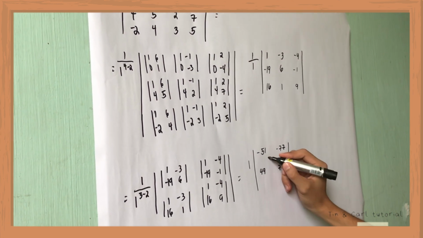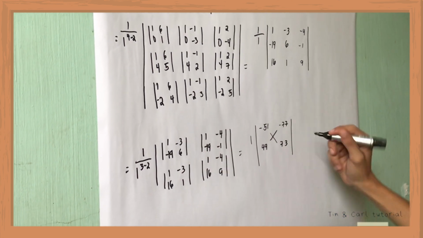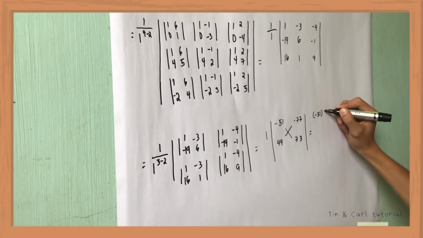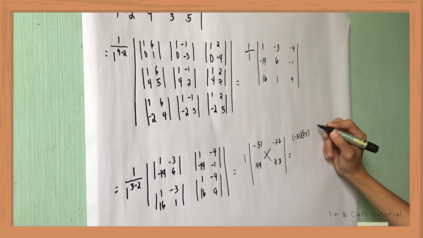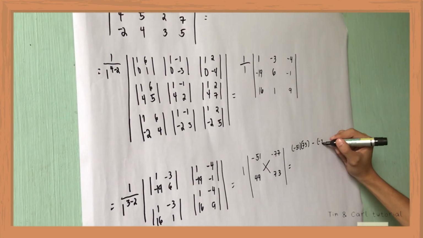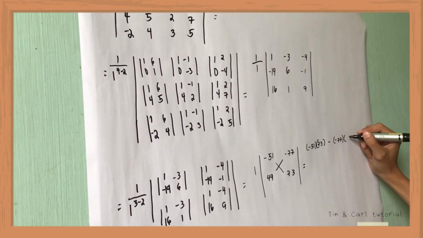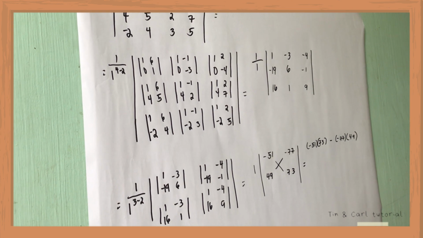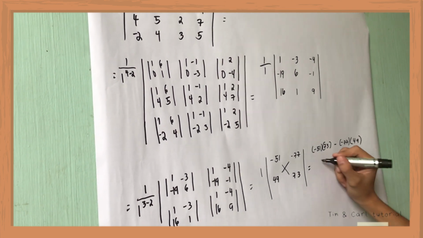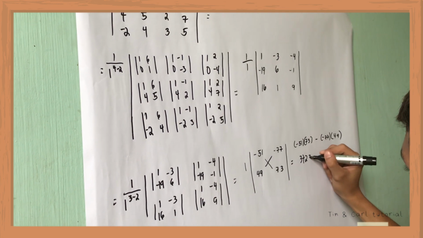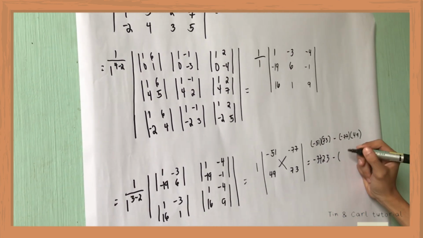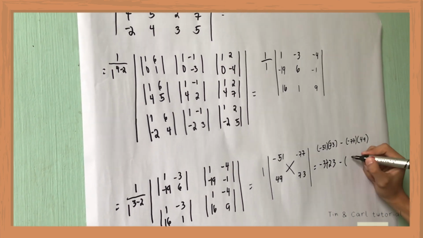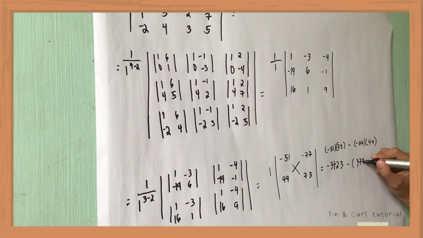And then, i-cross multiply lang natin ulit. Kagaya ng ginawa natin dito. Magka-come up tayo sa value na negative 51 multiplied by 73 minus negative 77 multiplied by 49. So, ang value nito is 51 multiplied by 73, 3723. Negative yan. So, minus 77 multiplied by 49, 3773.